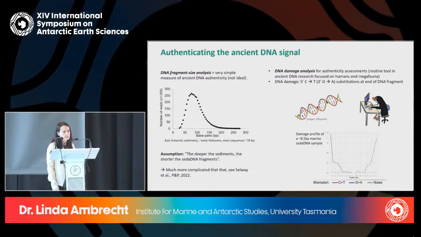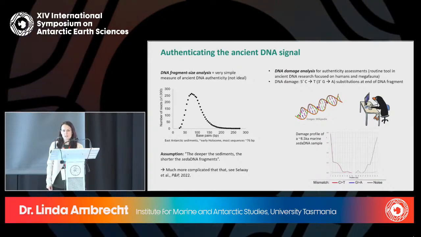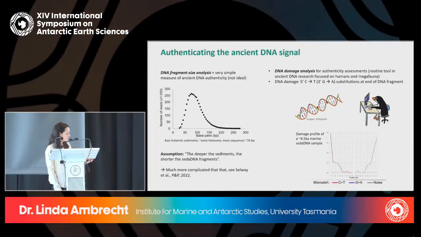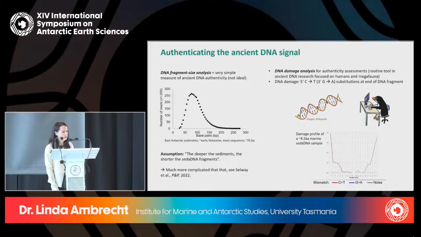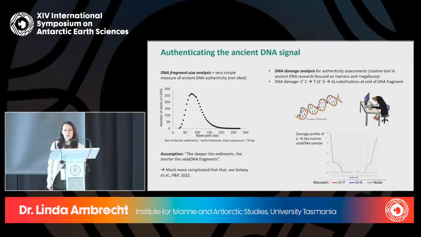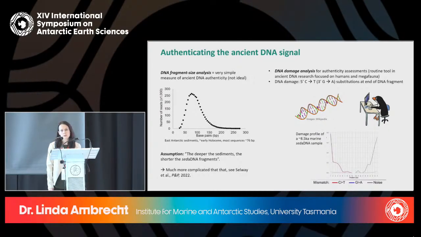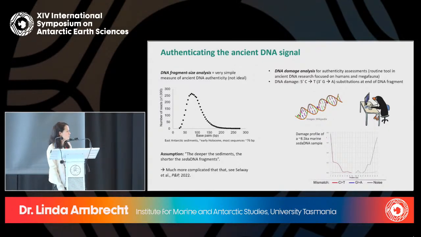But it's not really that simple. There are lots of parameters that influence DNA fragmentation, and if you're interested to read more about this, I really recommend looking at Caitlin Selway's paper from 2022, where she was investigating archive samples from IODP to address this.